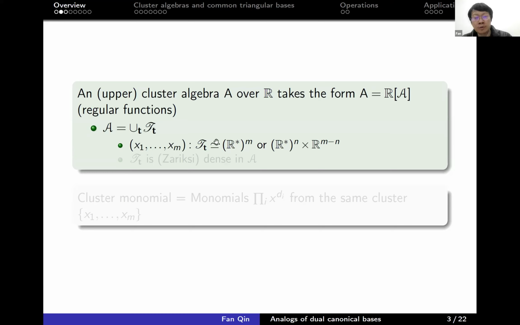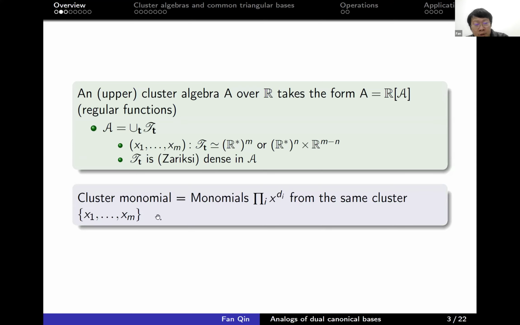We might consider both situations, and once you glue these by transition maps, you obtain the corresponding geometric object A. Moreover, because every function is a rational function in your chart, this chart is dense in this geometric object. In algebraic geometry, we say that it is dense in the Zariski topology. So in some sense, a cluster algebra is a very special regular function ring over some geometric object which has a very big torus inside it. So it is basically a toric variety.